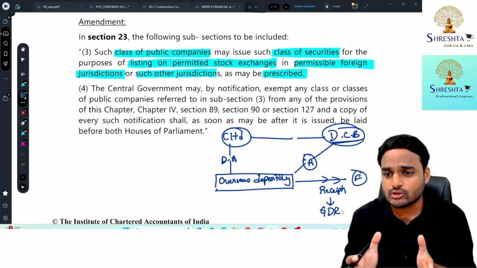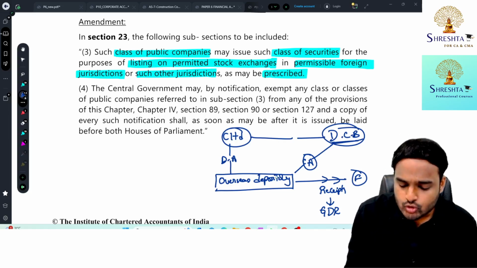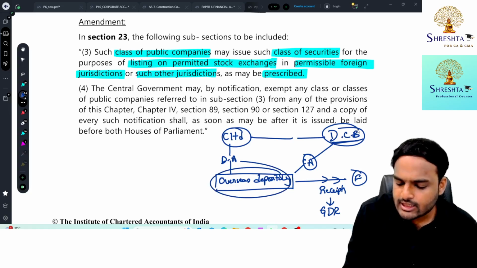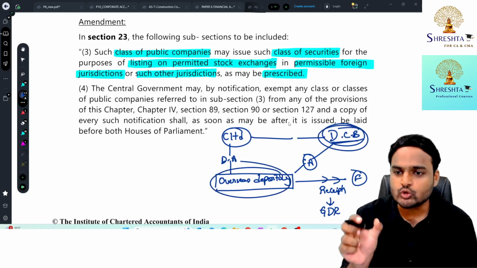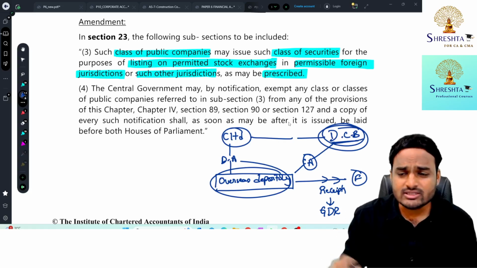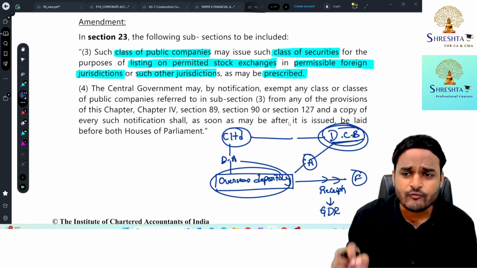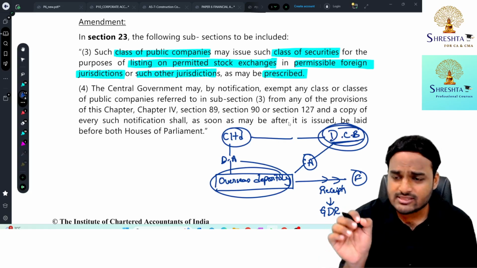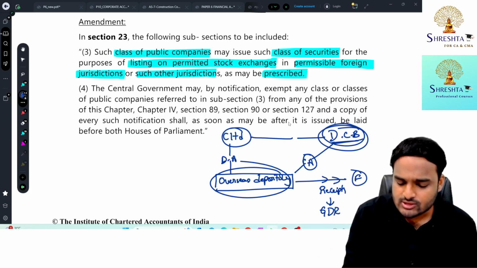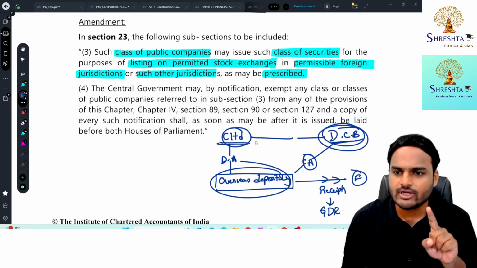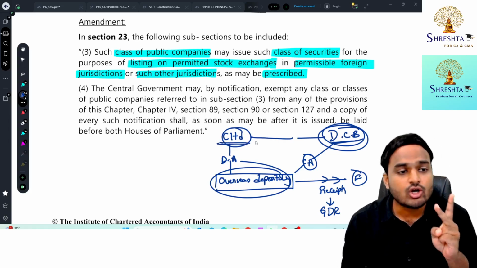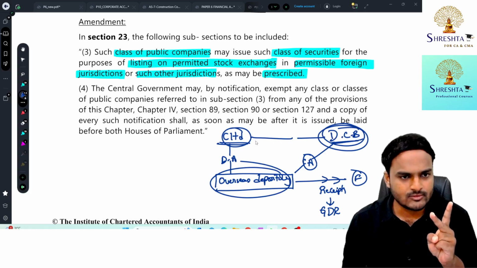But this is a lengthy procedure, yes or no? Moreover, two more parties, the overseas depository and the domestic custodian bank, are involved. Do you think these two parties will render services free of cost? No, they will charge some remuneration, yes or no? So this is a cost to the company. First of all, it is a lengthy procedure, and next, it is cost-making.